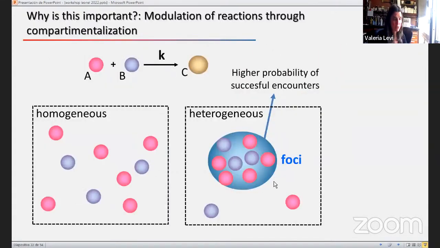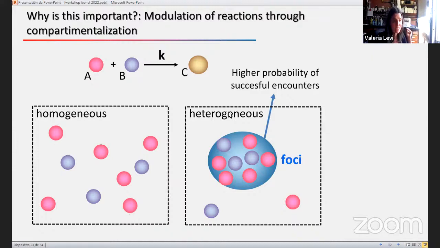Why is this important? Well, because if you imagine you have a given biochemical reaction inside, for example, the nucleus, you have here A plus B that gives C. If the reaction occurs in a homogeneous medium, the speed of the reaction will be something.